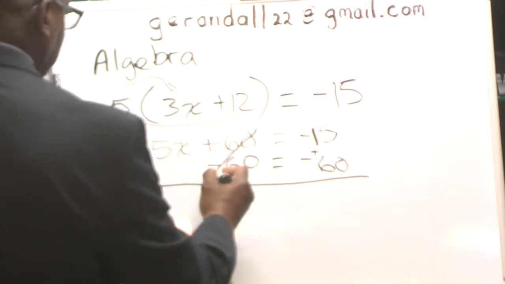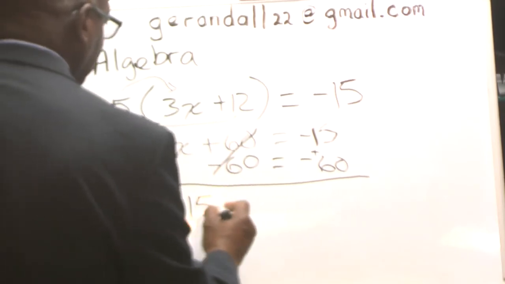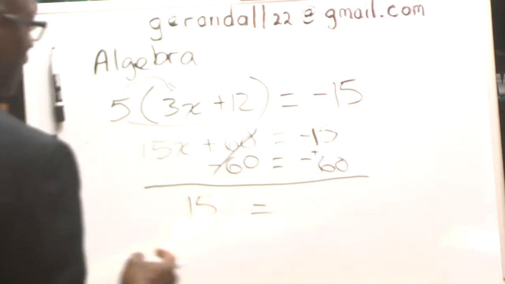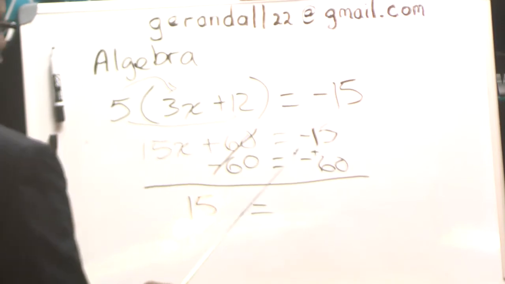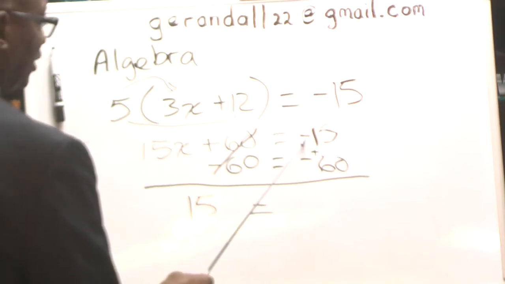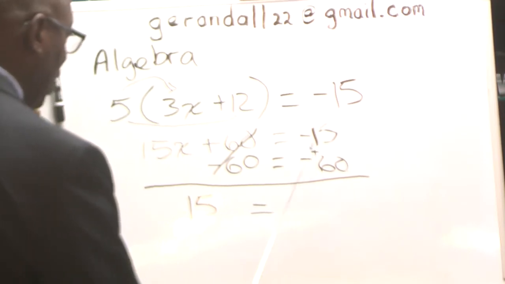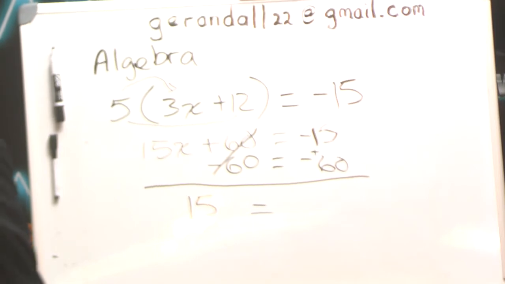This is gone, and we have 15x equals, and here you got to be careful because we have a minus 15 on the number line from 0, and now we're subtracting a positive 60. Really can't do that.